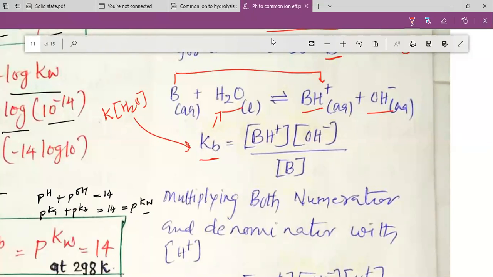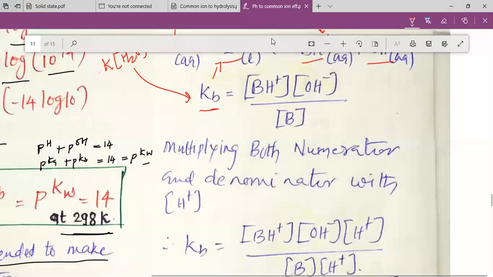So this is what I would like to bring to your notice, my dear students. Now let's move forward and understand the next step. Multiplying both the numerator and denominator with H plus. So here we want to multiply both the numerator and denominator with the H plus ion concentration.